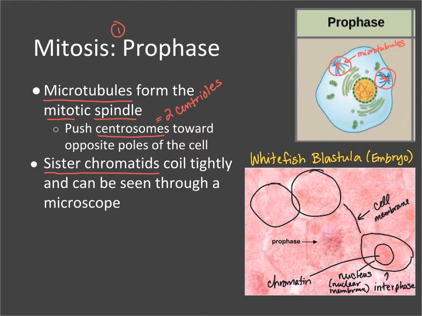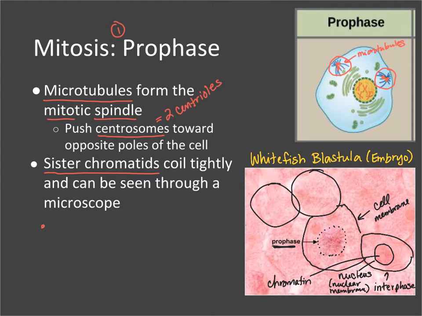Now, in the picture that's actually labeled as prophase, you can compare and contrast the difference between those two cells. So in this cell, where we have our prophase going on, you can see that the nuclear membrane is not super clear anymore. And that's because it's actually started to break down. And that's something I didn't have on the list here.